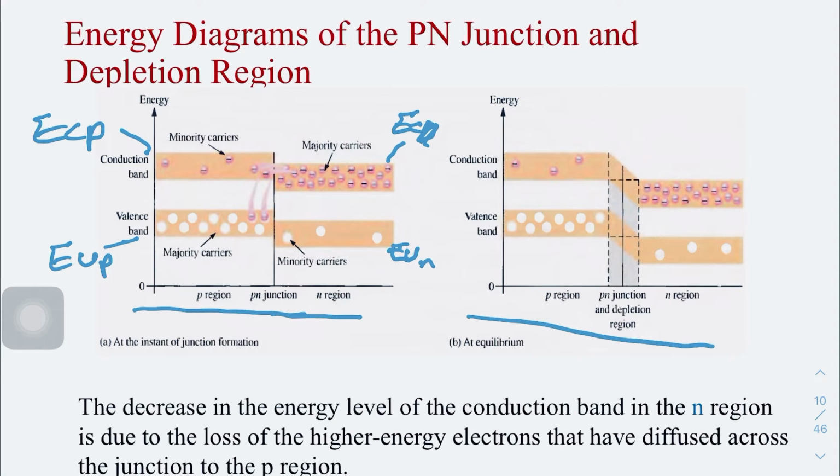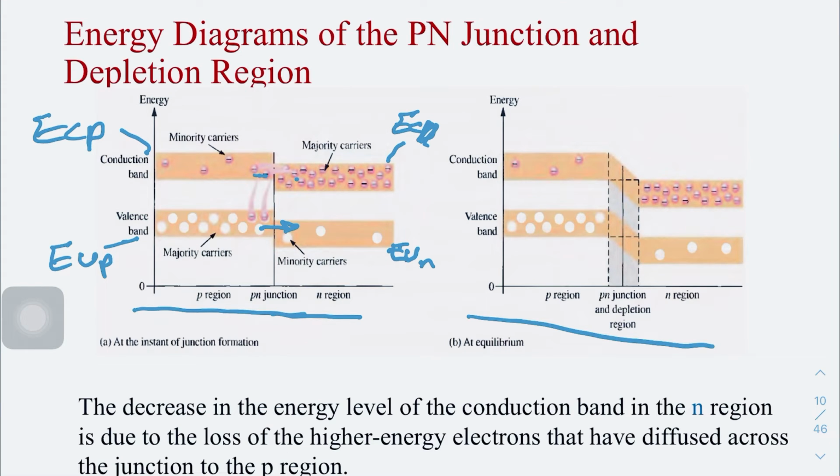We see that free electrons in the conduction band of the n side can pass through the p-n junction to the p side by the diffusion process, and also holes can go from the p side to the n side by the diffusion process under the effect of the gradient in concentration of these current carriers.